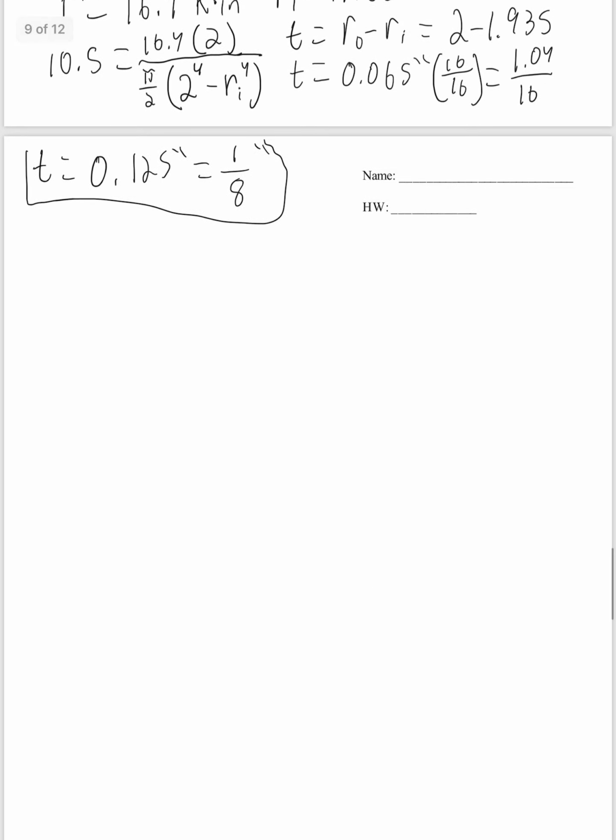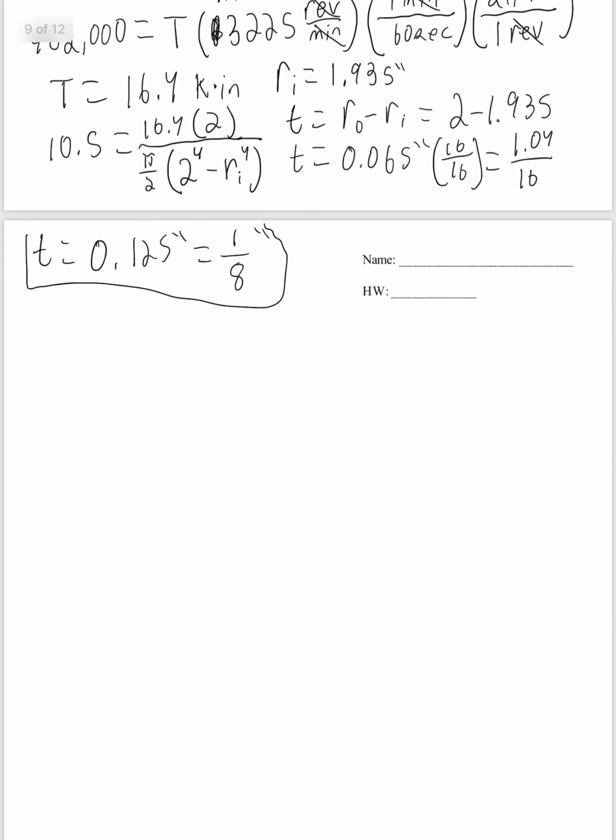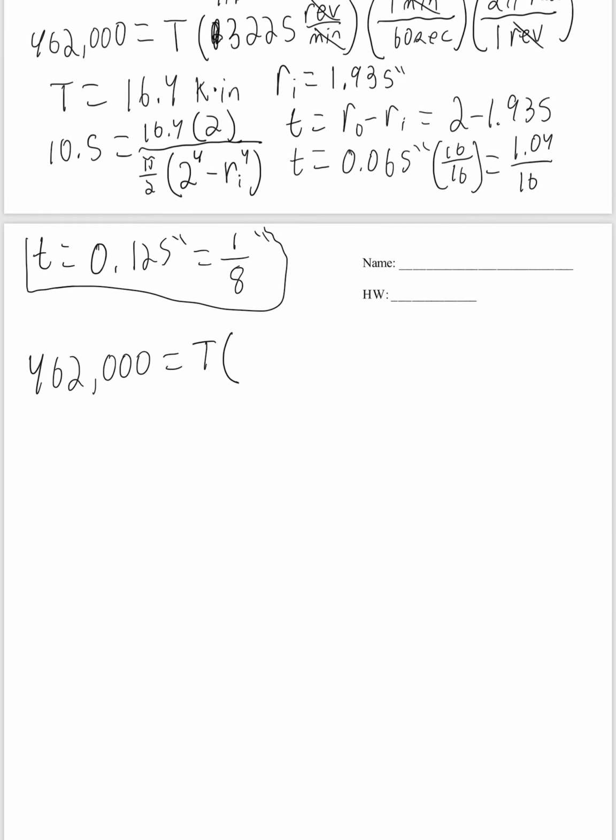Okay, so come down here. It's the exact same steps. So power, we already said, is 462,000, and that's in pound-feet per second, equals torque times our angular velocity, which we said was 867 revolutions per minute.